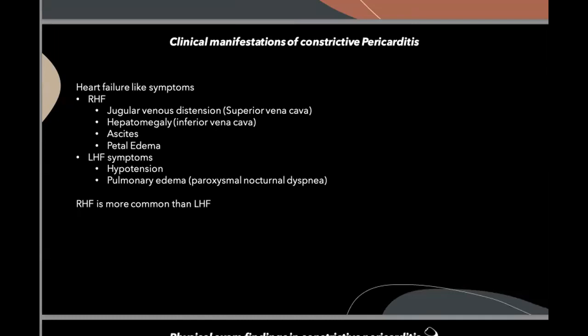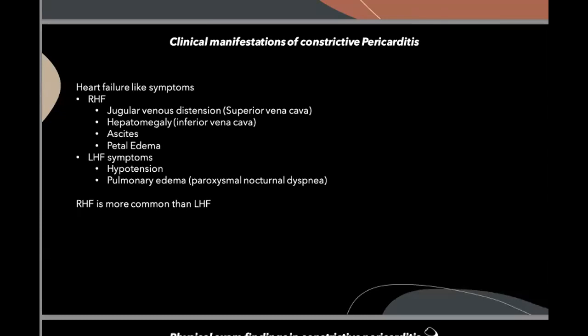So if we have a constricted heart, and a lot of compression going on, then obviously our right side will be more prone to feel any changes than the left side, which is already thick. So yes, in this case, we will have these right heart failure symptoms.